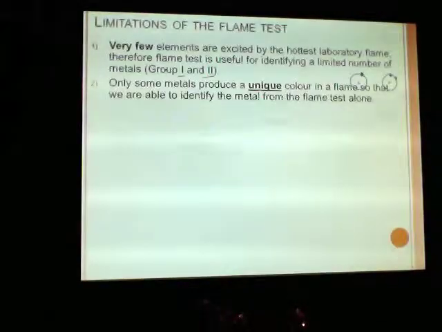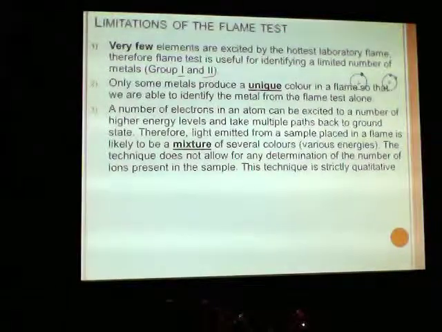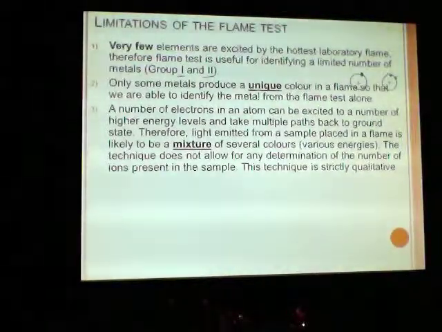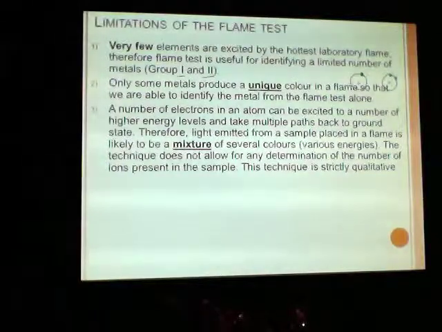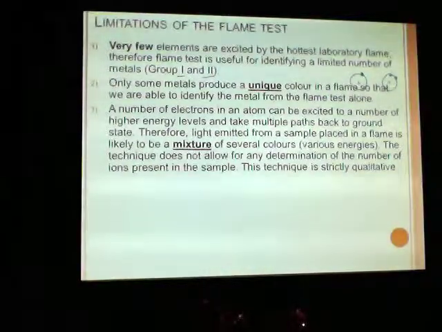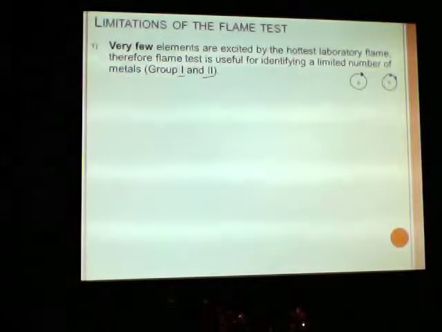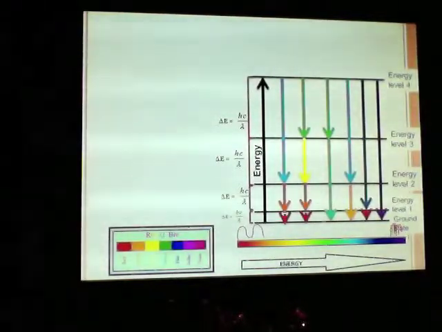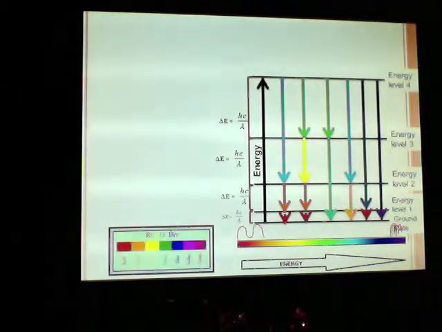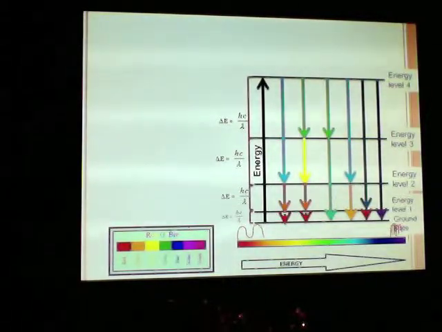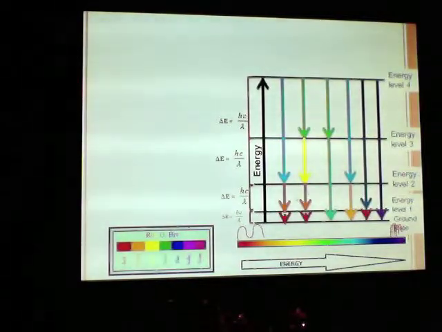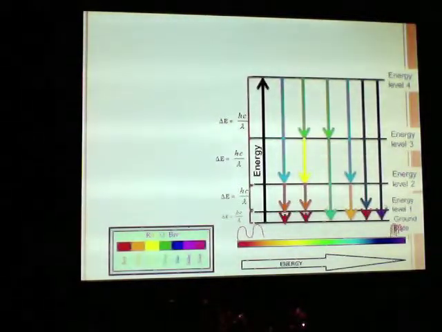Okay, so a number of electrons can be excited to a number of different energy levels and take multiple paths back to the ground state, right? Producing a mixture of colours. So in this case, we might have a purple being released, a dark blue, a red, an orange, a yellow, all of these being released simultaneously.